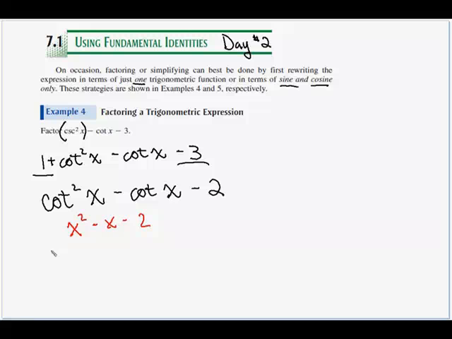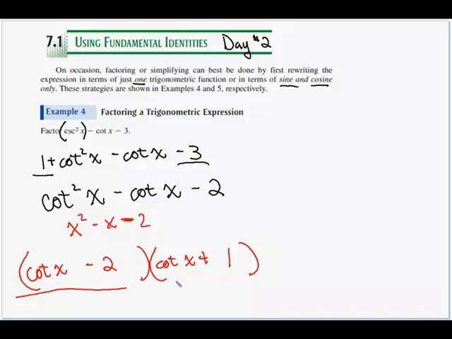How would we factor that? Well, it's going to be x times x at the beginning, or cotangent times cotangent. And then the factors of negative 2 that add up to negative 1: minus 2 plus 1. And there's our factorization.